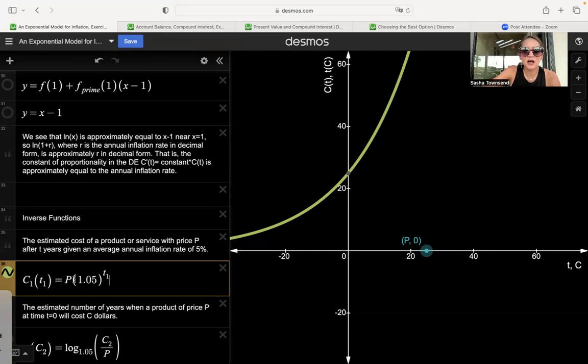If you want to, you can solve this for t. Instead of writing c of t equals p times 1.05 raised to the t, you can drop the dependence on t and just think of c as equaling p times 1.05 raised to the t. I'm just going to solve this on paper with you, and then we'll talk more about it in just a moment.